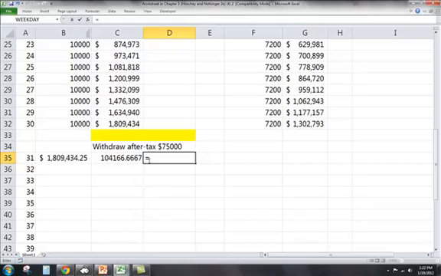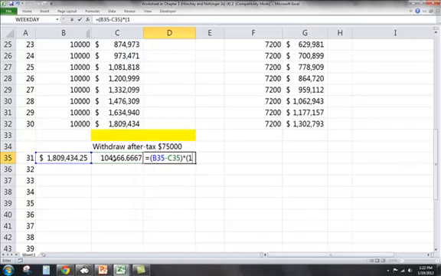To calculate how much you have at the end of the first year, you take the amount you started with, the 1.89 million, minus your withdrawal amount of 104,167, and then calculate the return that you would earn.